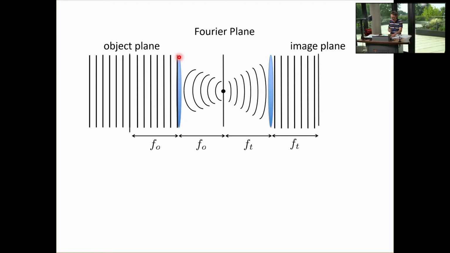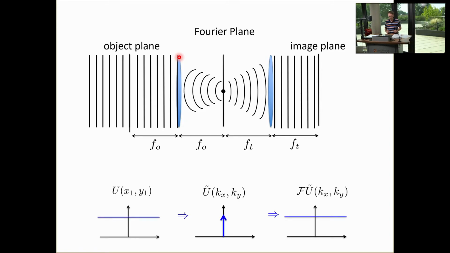So let's just pretend, first of all, that the objective lens is very, very large. So we have hardly got any diffraction. So putting this into mathematical terms, going from the object plane, we have a field distribution that's constant, a plane wave. In the first operation it is turned into its spectrum.